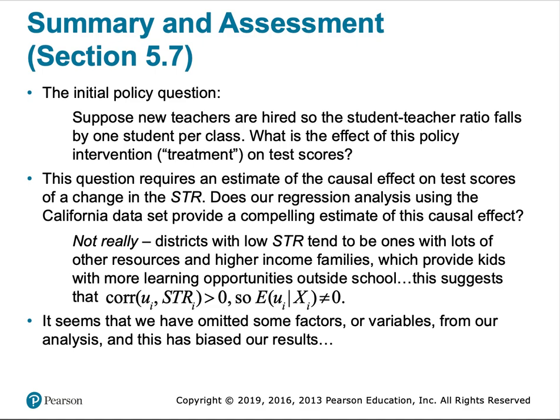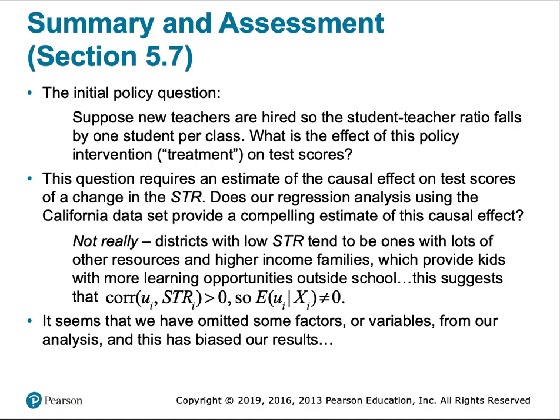This question requires an estimate of the causal effect on test scores of a change in the student-to-teacher ratio. Does our regression analysis using the California dataset provide a compelling estimate of this causal effect?